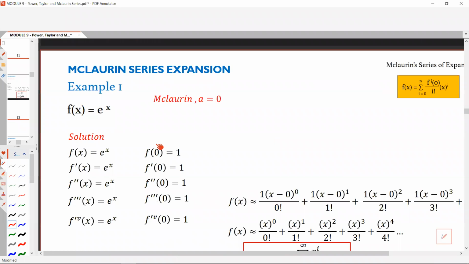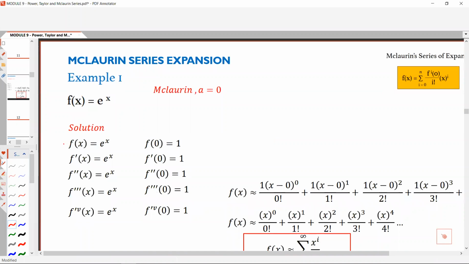Okay. So simply, solve lang natin tong f of x. Ito lang yung first move mo. Your first move is simply find the derivative of e raised to x. And kapag may nakita ka ng pattern, tumigil ka na. So most of the time, hanggang fifth derivative, makakakita ka na ng pattern.